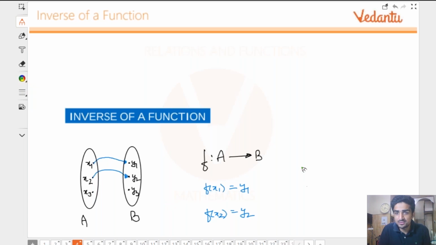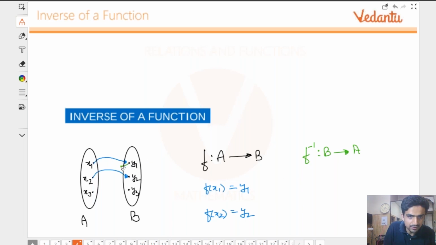Now, what is the inverse of a function? That is how we denote f inverse. It is not f raised to power minus 1, okay? It is called f inverse. f inverse is a function from B to A whose job is to just backtrack f.